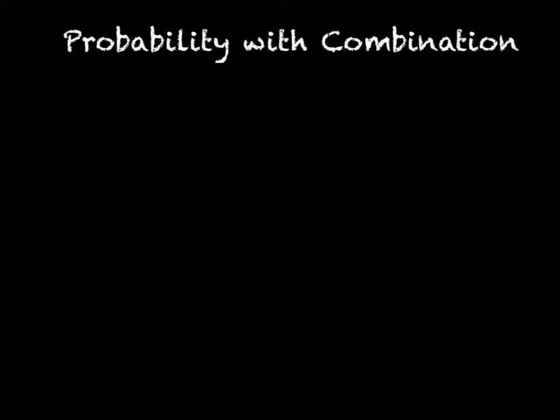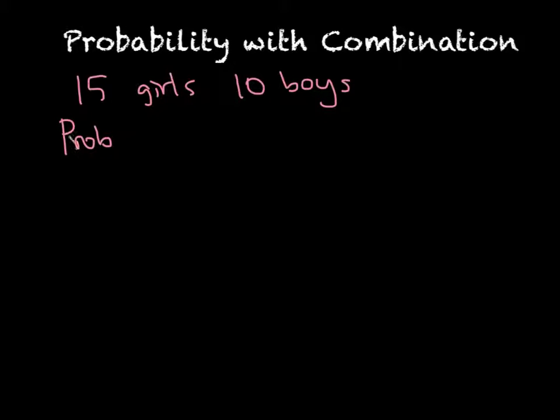Sometimes, in order to calculate either the number of favorable outcomes and or the number of total outcomes, we have to use combination. An example of this would be if there's a class of 15 girls and 10 boys, and we wanted to find the probability that if a teacher chooses 2 students, it ends up being 1 girl and 1 boy.